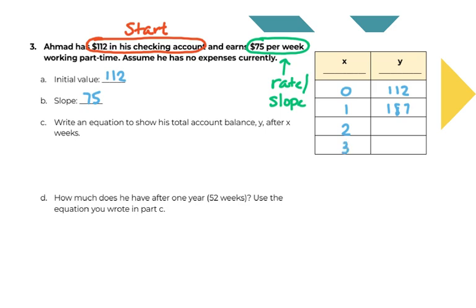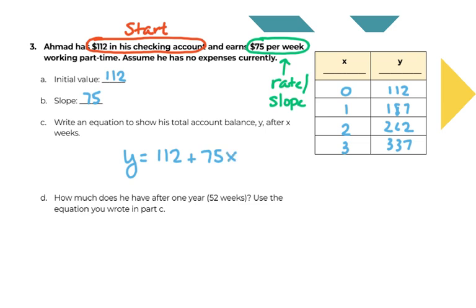Getting our calculators out, if we're at 187 and we add 75, we are now at 262. And if we add 75 again, we are at 337. So our checking account is growing. Can we write an equation for this? Sure we can. We're starting with 112 and we are adding 75 every week.